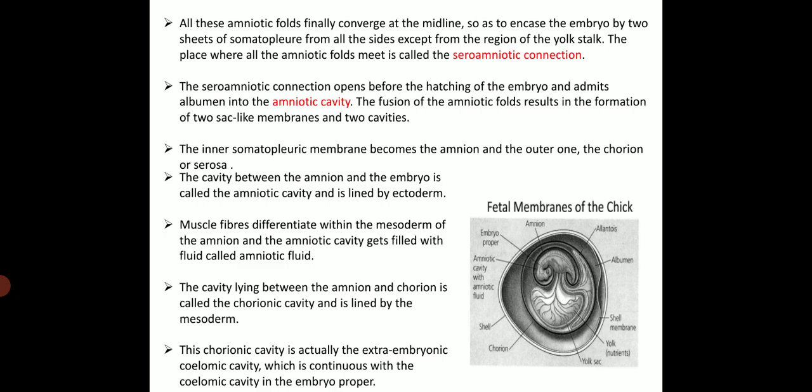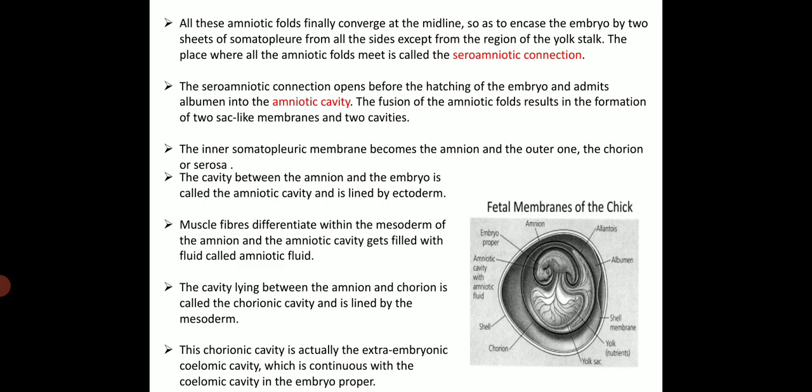To summarize the development of the amnion and the chorion: first, the development of the tail fold and the head fold. Second, the amniotic folds converge. You can see the two folds meet, which we call the seroamniotic connection.